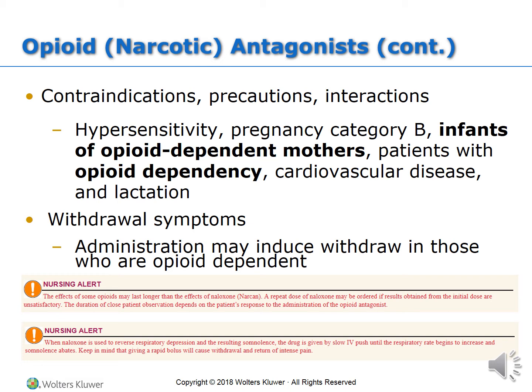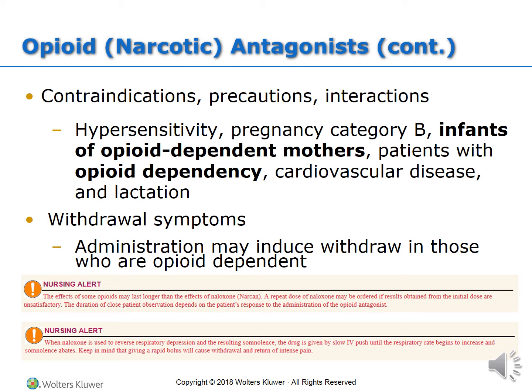When Narcan or naloxone is used to reverse respiratory depression and that resulting somnolence or decreased level of consciousness, it needs to be given very slow IV push, and you're going to give it until you see a reversal of the respiratory rate and they begin to return to a normal level of consciousness. They begin to become more alert.